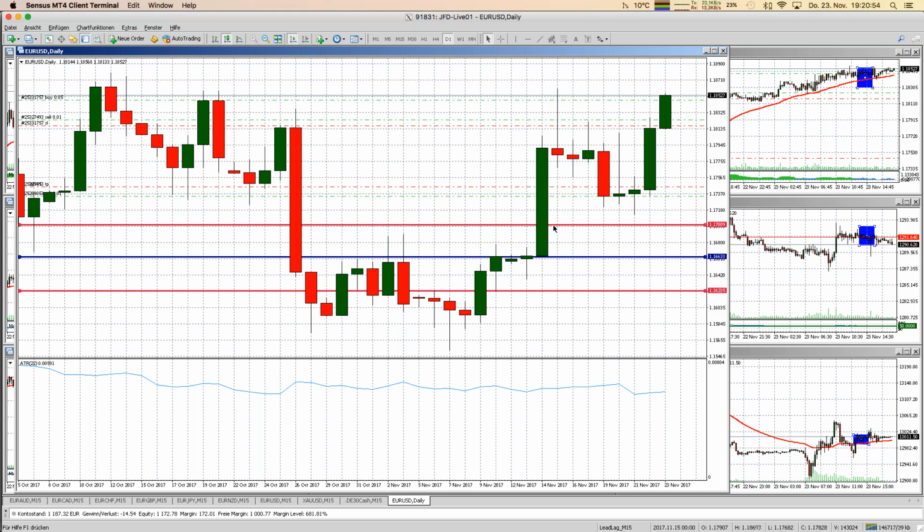Think about we would use as stop loss multiplier the same as the order placement, half ATR for the stop loss. Then our stop loss of that buy stop order would have been exactly that blue line. And even with a risk reward ratio of 3, we would take profit around here.